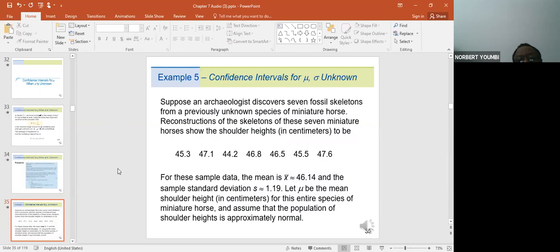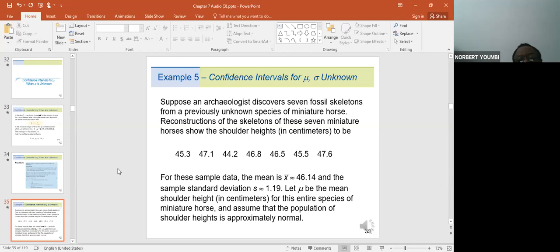Suppose an archaeologist discovers 7 fossil skeletons from a previously unknown species of miniature horse. Reconstructions of the skeletons of these 7 miniature horses show the shoulder height to be these 7 numbers.